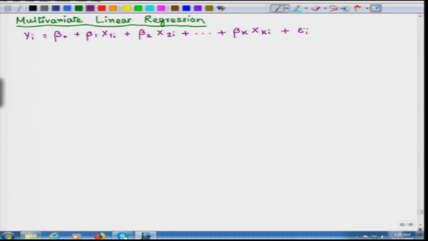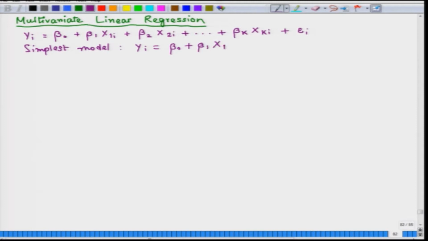Now, for simplicity's sake, we can assume k equal to just 2. So, the simplest possible linear regression model would involve only 2 explanatory variables, and then we have a model with a smaller dimension, right.